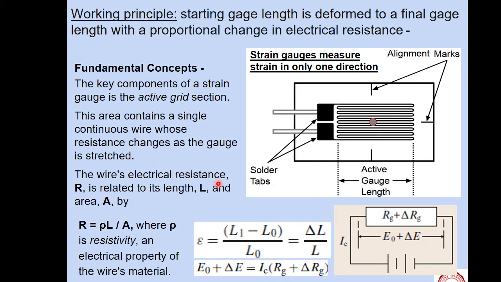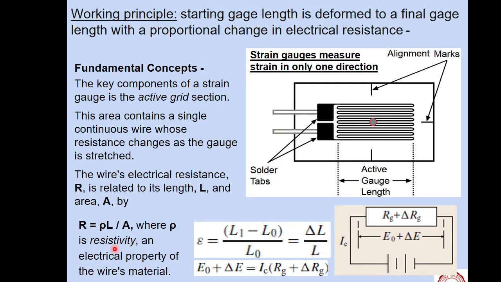Now this wire's resistance, say the wire's electrical resistance is R. What is the value of this R? This is equal to rho into L by A. Rho is a property of this material, the strain gauge material, known as resistivity, an electrical property of the wire material.